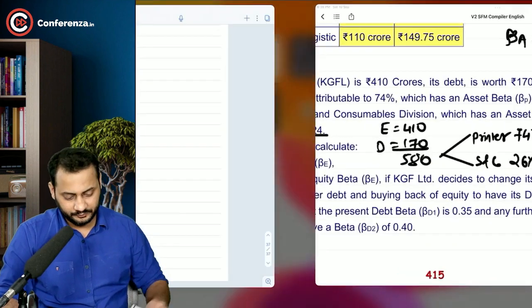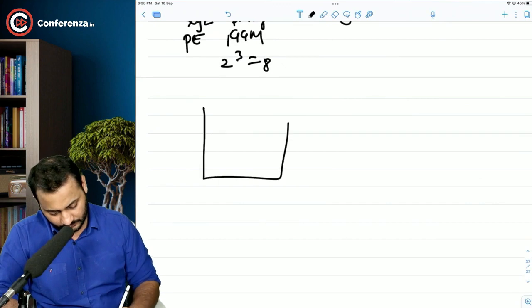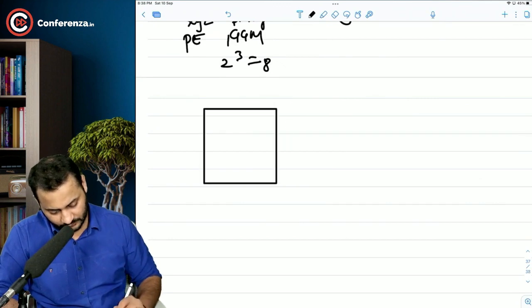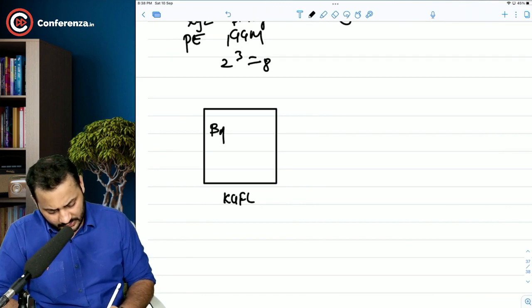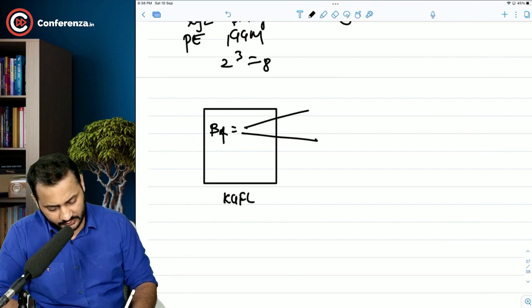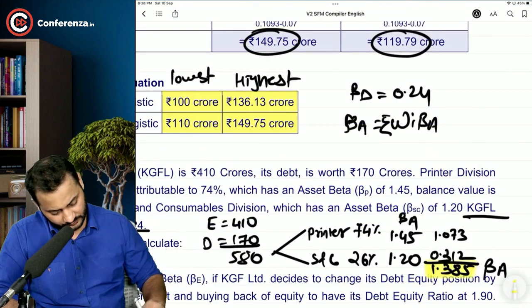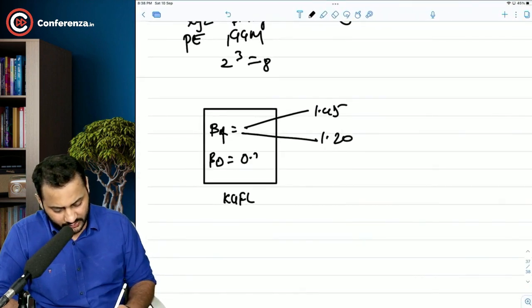Do you get that? Let me show you. This is KGFL. The asset beta is given in two different formats, 1.45 and 1.20, and the debt beta is given as 0.24.